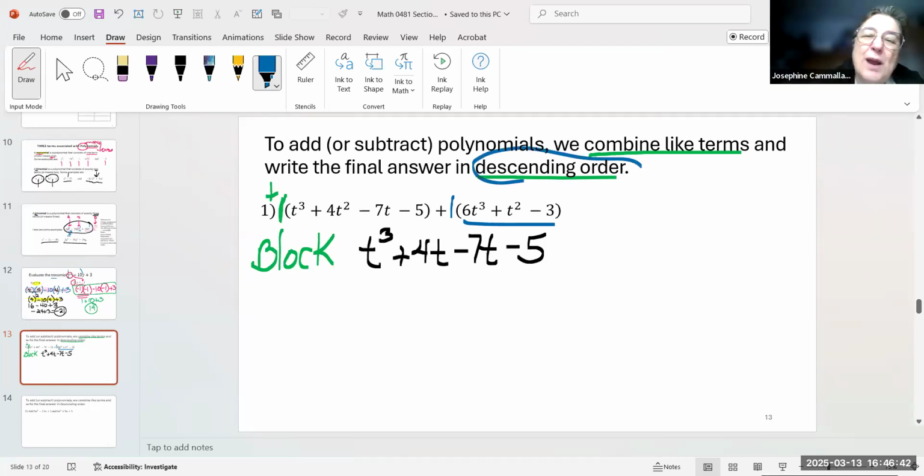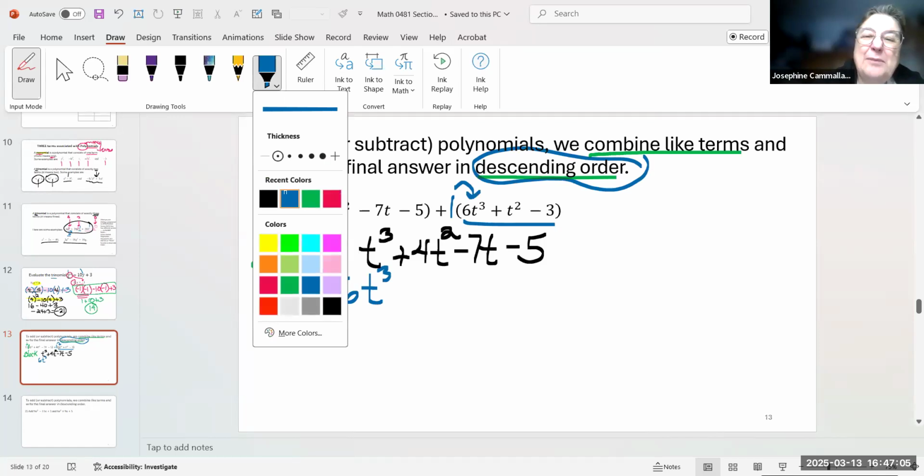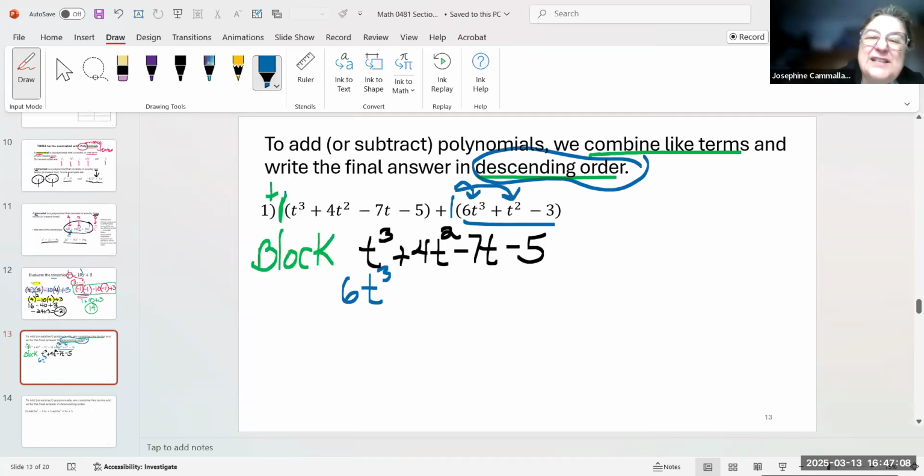To ensure that I write in descending order, notice what I'm going to do. 1 times 6t cubed is going to sit in a block method underneath the t cubed. Before I forget, I forgot my 2 here. Okay. Now, when I multiply right here, this is going to give me a positive 1t squared. But notice this is a sole number. That means when the 1 multiplies by here, I have a -3.